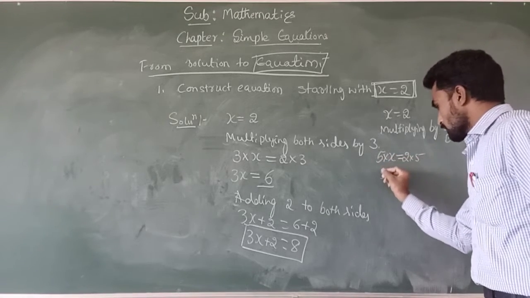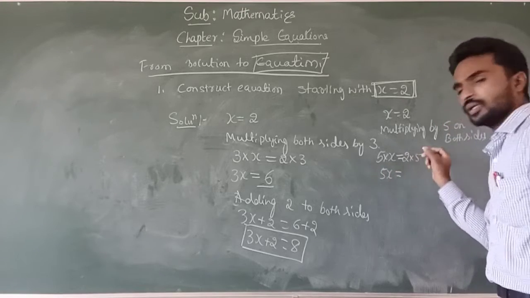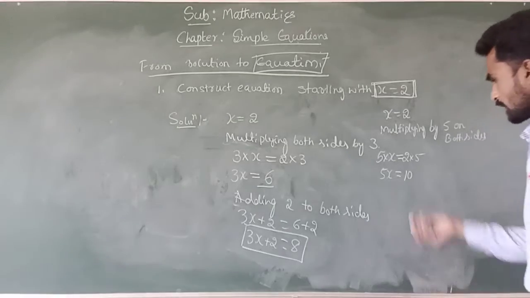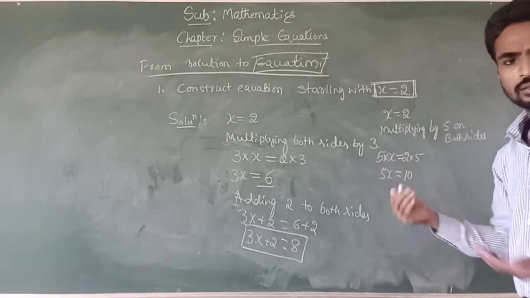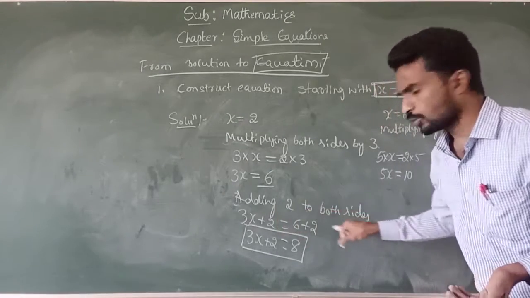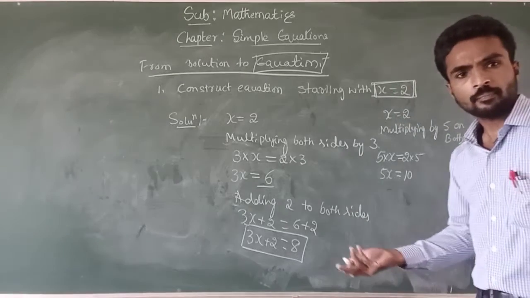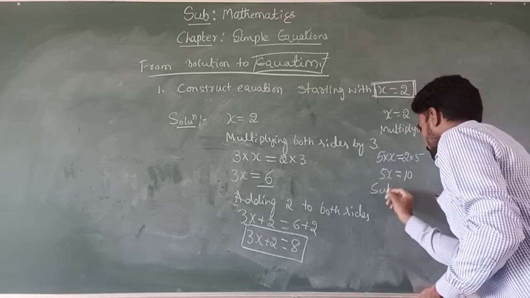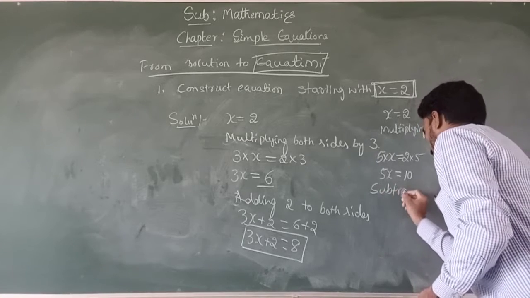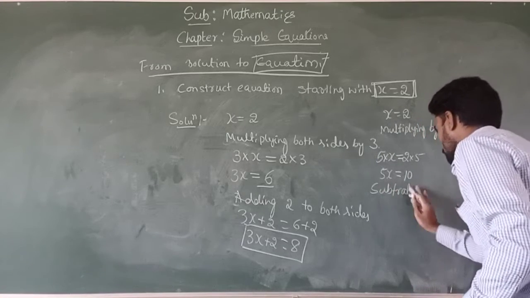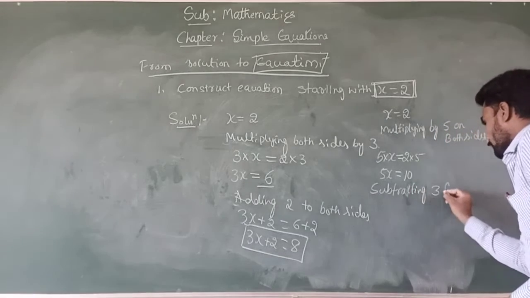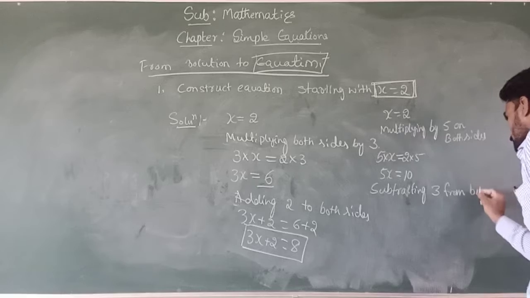Then 5 into x we get 5x, that is equal to 2 into 5, 10. 5x is equal to 10. For this, now I will subtract 3 from both sides. Subtracting 3 from both sides.